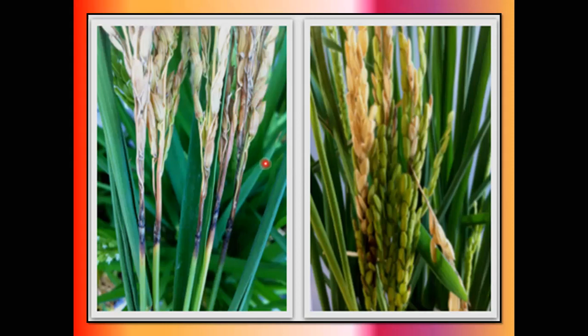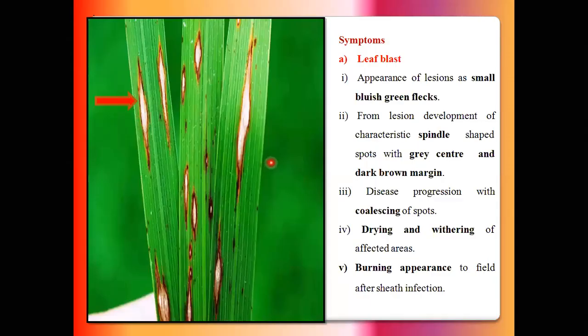Understand these symptoms regarding the blast disease seen in the rice crop. You can clearly see these spindle shaped spots generally seen on the leaf of the rice crop. Several of these spindle shaped spots may be seen irregularly over the entire leaf blade or leaf surface of the rice plants.